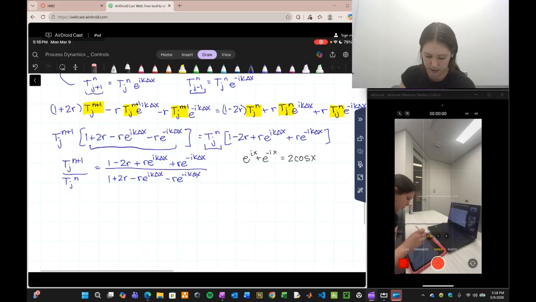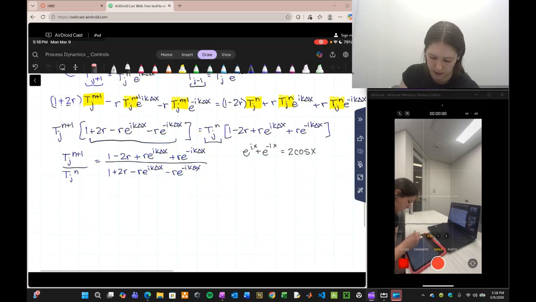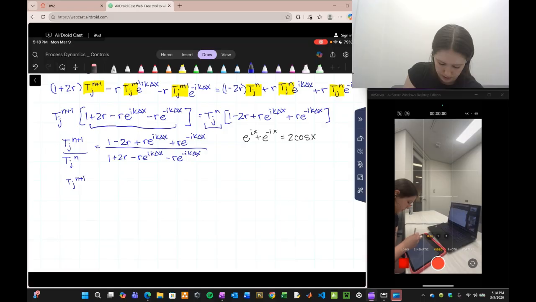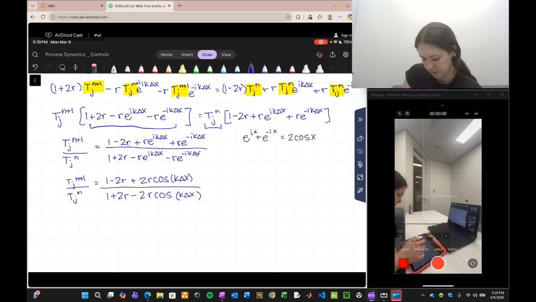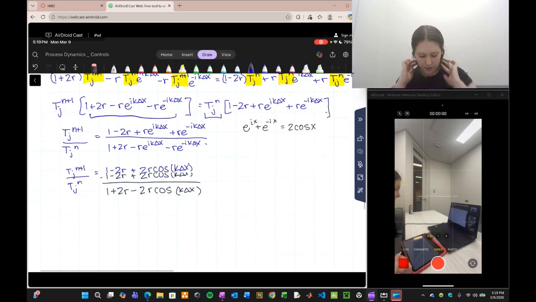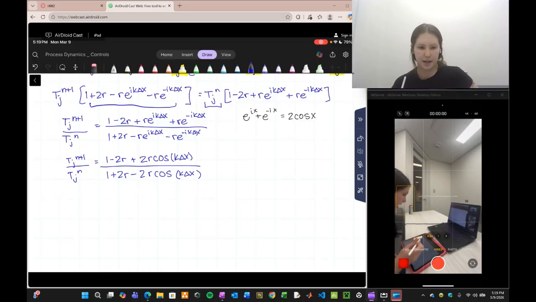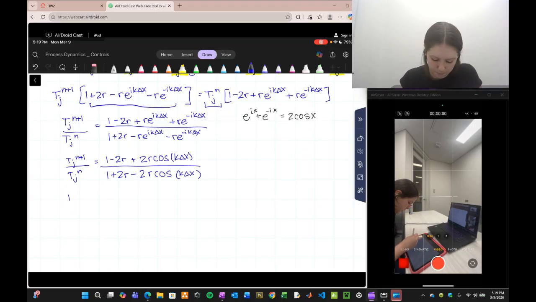So we can use that in this equation, and we will get T sub j n plus 1 over T sub j of n to equal 1 minus 2r plus 2r cosine of k delta x over 1 plus 2r minus 2r cosine k delta x. And then we can simplify this again by factoring out 2r.